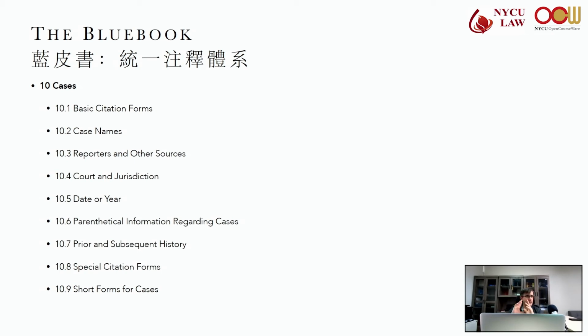So always have Table 8 ready to go. So put the subsequent history of the case as part of the primary citation, and we will use that in italics between each citation. Right.